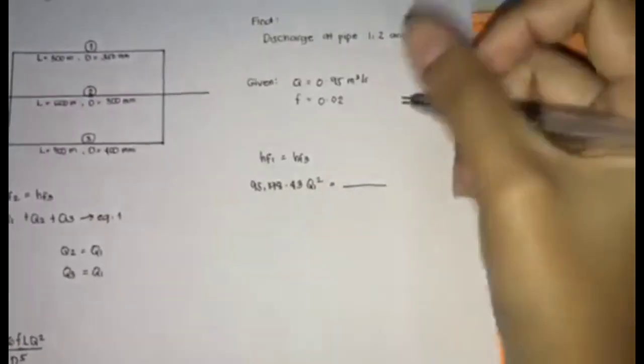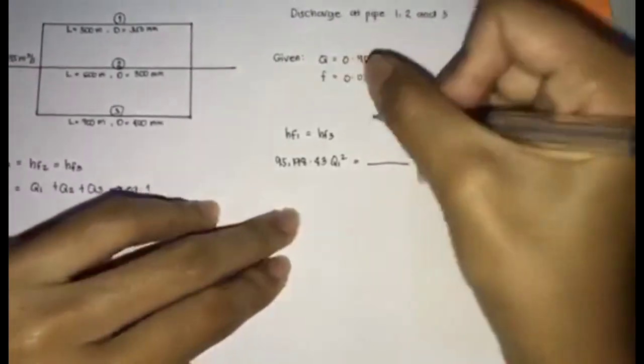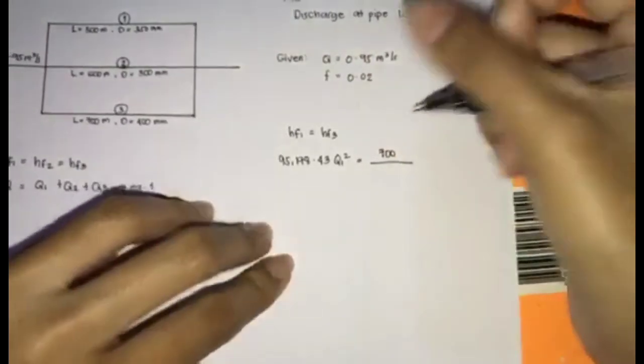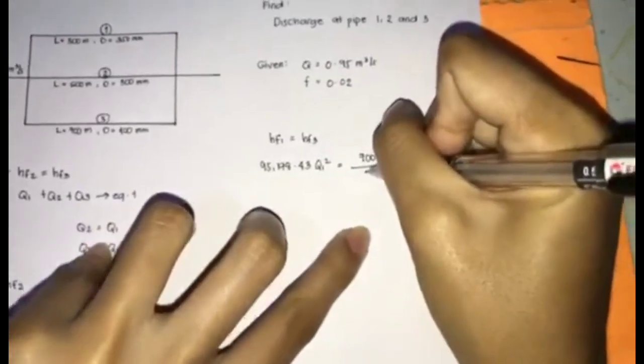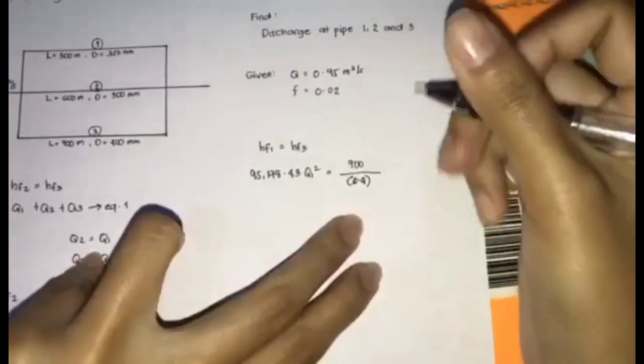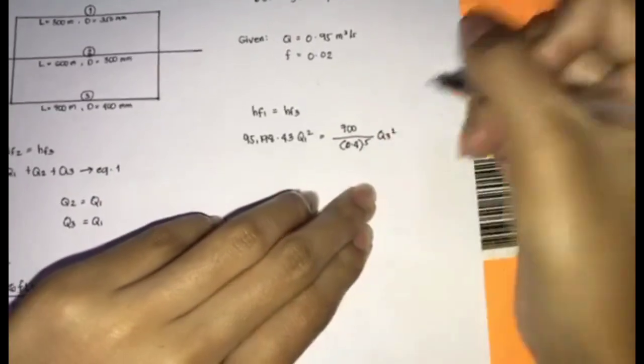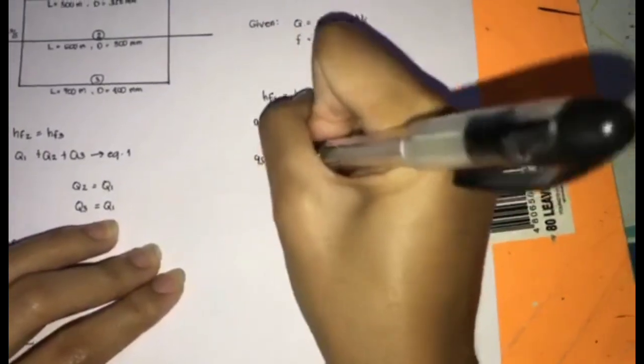So plug in, we have 95,198.43 Q sub 1 square equals, plug in the value of pipe 3, we have 700 over the diameter, which is 0.4 raised to 5, Q sub 3 squared.